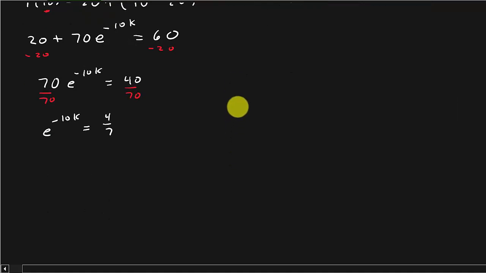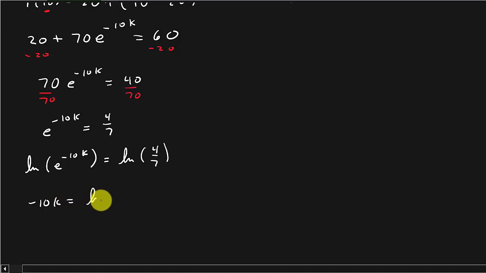So we've got to solve this for k. In order to do that, I'm going to take the natural log of both sides. This is going to give us negative 10k is equal to the natural log of 4 over 7.